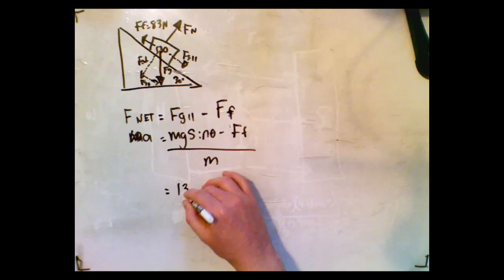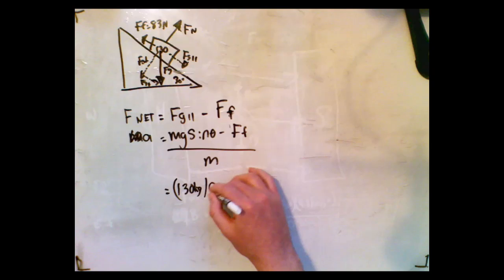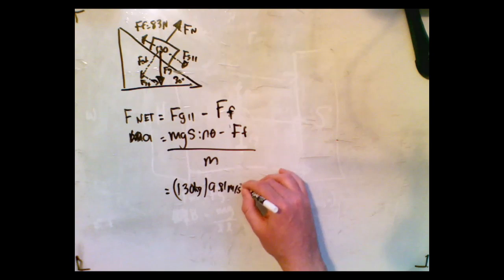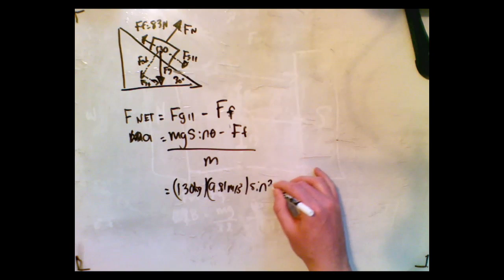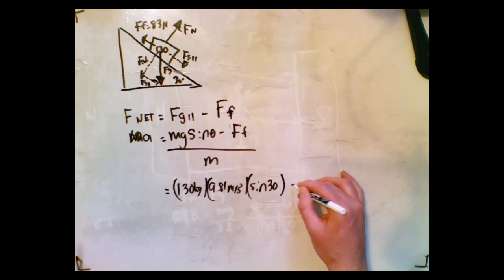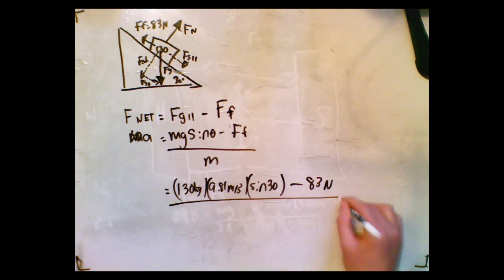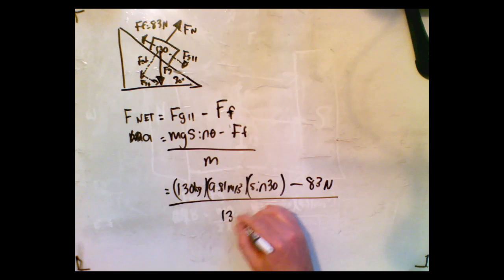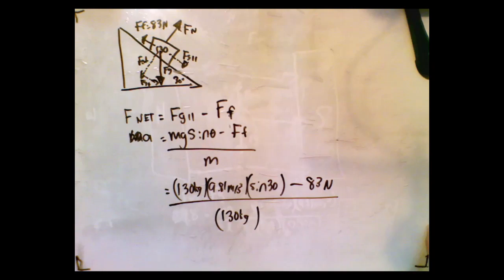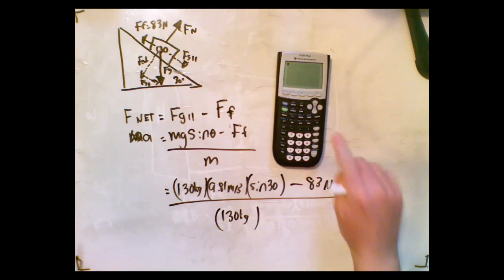So it's 130 kilograms times 9.81 times the sine of 30 degrees, and our force of friction is 83 newtons, and it all gets divided by our mass of 130 kilograms. So we're ready to type that in.